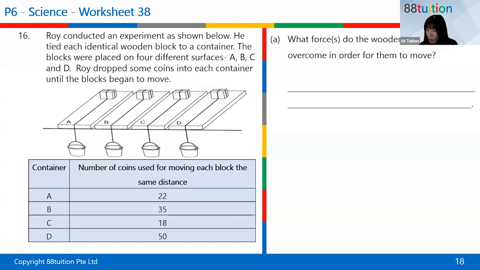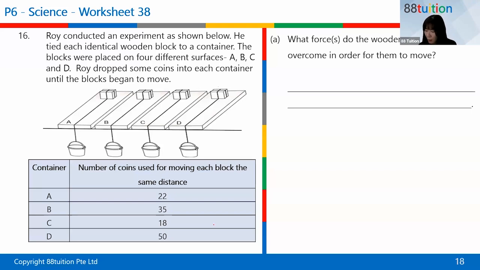Now, the number of coins required before the block can finish a certain distance, right? For A, it will be 22, B, 35, C, 18, D, 50. So the more coins required, the more difficult it was for the block to move on that surface. Y'all agree, right?